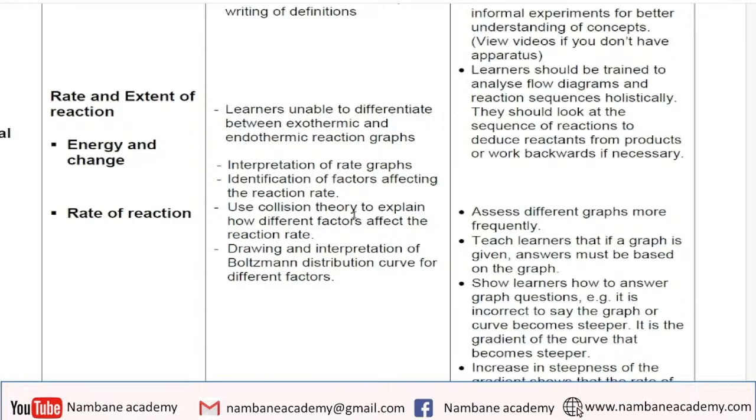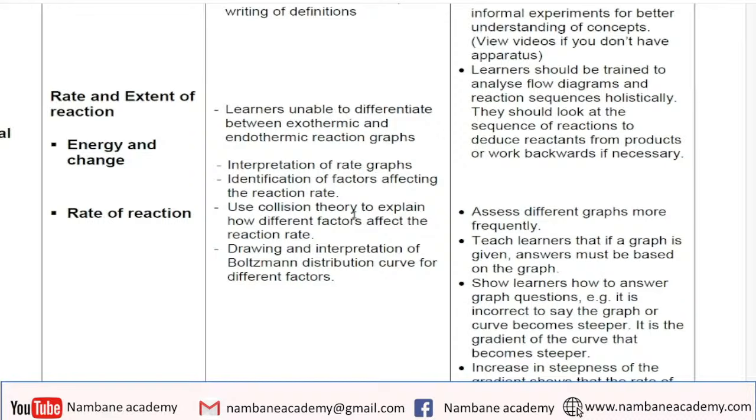Then we have temperature, which talks to the average kinetic energy of the particles. Then we have concentration, which affects the frequency of collisions, and concentration works the same way as pressure because you'll have more particles in a given volume. We have a catalyst, which provides an alternative pathway of lower activation energy, and surface area, which talks to the exposure of particles to react.